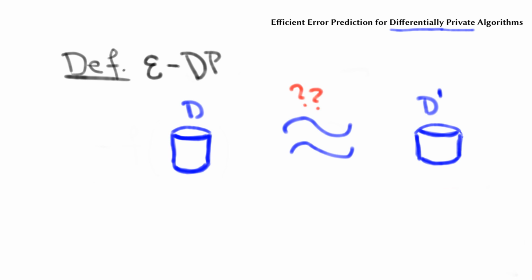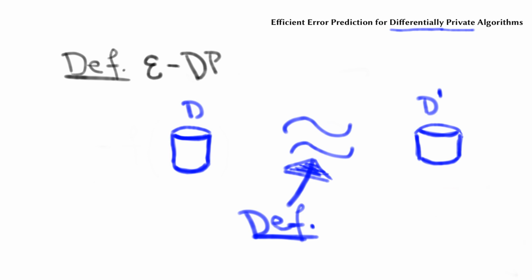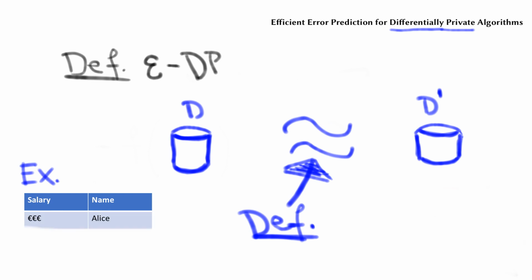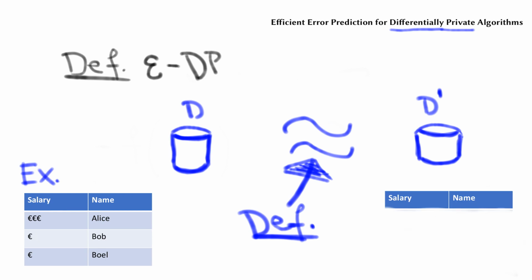So what do I mean with almost the same? We need to define that. I'll show an example where the database to the left has 3 records, containing the salary of Alice, Bob, and Boel. And then, the database to the right contains the salary of just Alice and Bob. So, these databases differ on exactly 1 row.